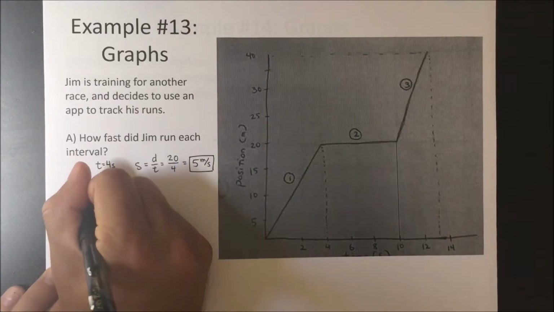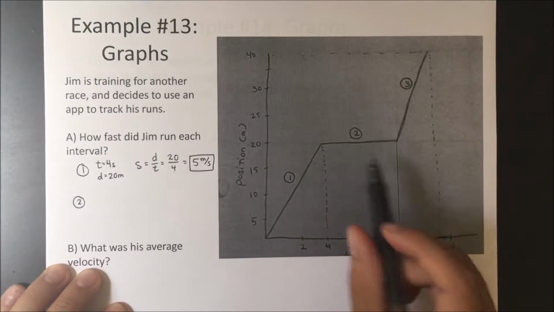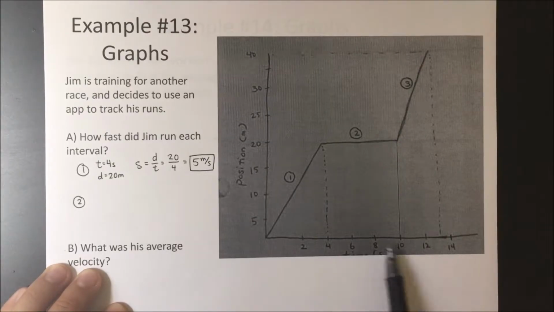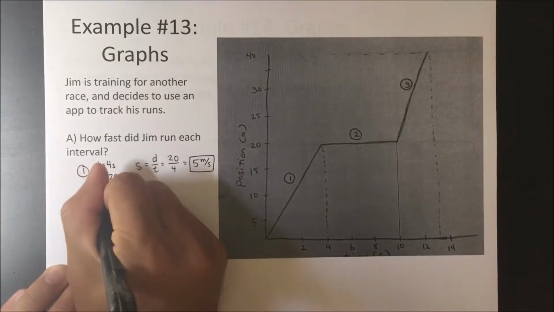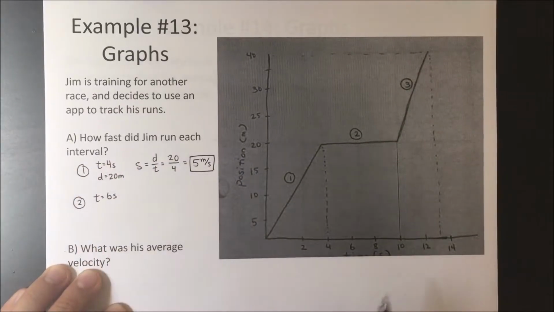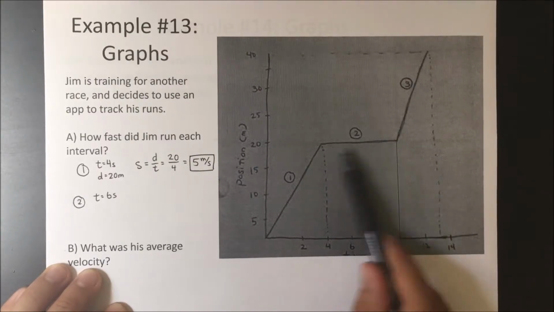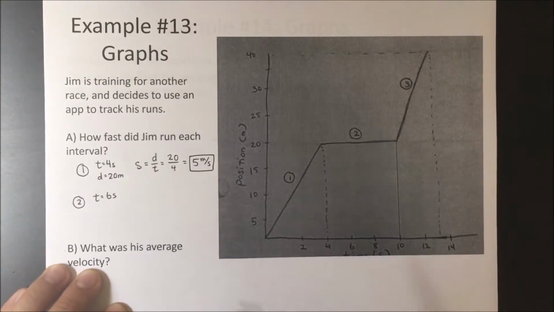So for the second one, the second interval, what we see is, okay, it's going to be taking him 4, 6, 8, 10. So it's going to be taking him a total of 6 seconds. Time equals 6 seconds. And the distance he travels is he goes from 20 meters to 20 meters. So actually he doesn't travel any distance. He stays the same.